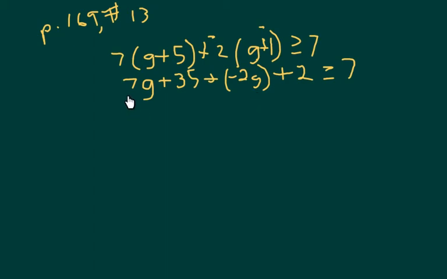So if I have seven positives and 2 negatives, the net would be, I have more positives. How many more do I have? 5. So it's going to be 5g plus, remember what 35 and 2 was? 37 is greater than or equal to positive 7.